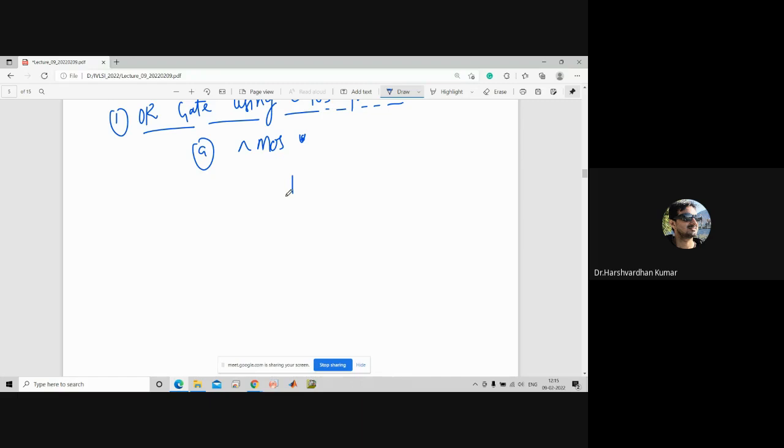So let us talk about the parallel. What can be the possible parallel configurations? See here. In this way, you can connect the various transistors in parallel.